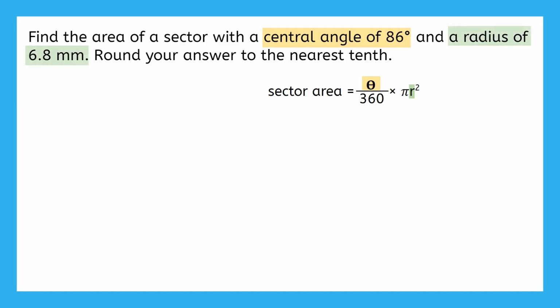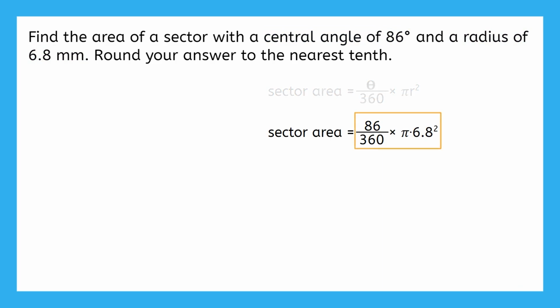The radius is 6.8. We have everything we need here, so pause the video now and try to finish off this problem on your own. First things first, you should substitute 86 for theta and 6.8 for r. Now, this is the expression that you want to enter into your calculator.